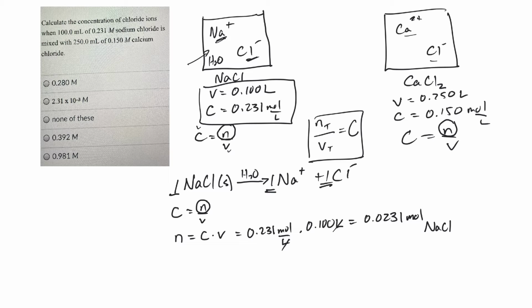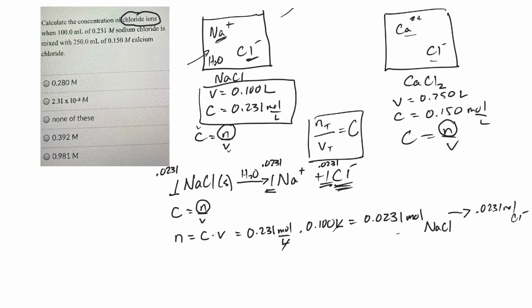What we're looking for is the concentration of chloride ions, so we zoom in on the chloride ions. If I have 0.0231 moles of sodium chloride, I'm going to get 0.0231 moles of chloride ions, from that 1 to 1 ratio.